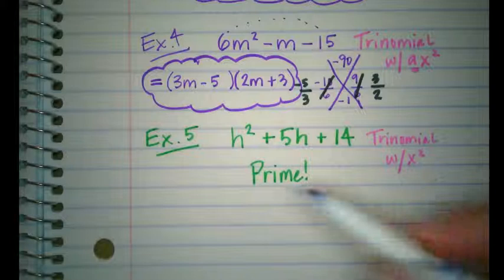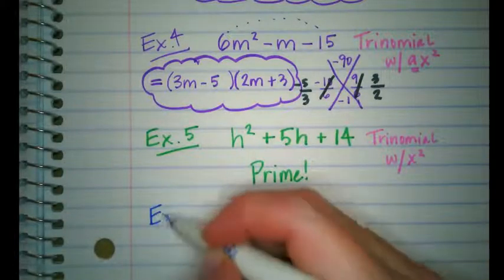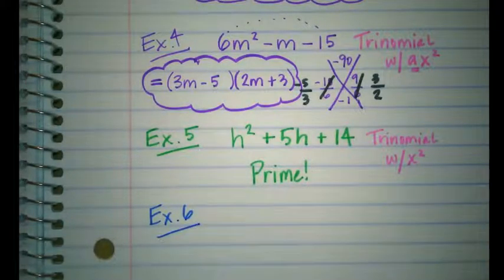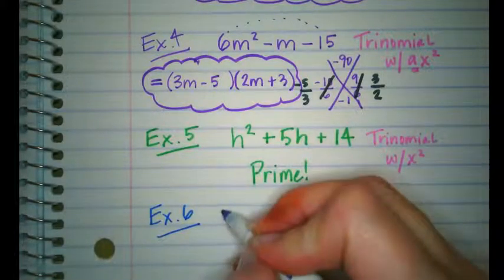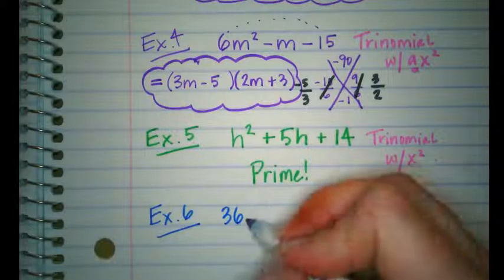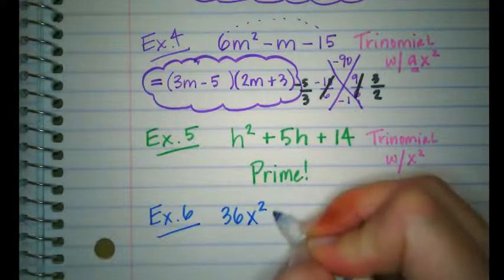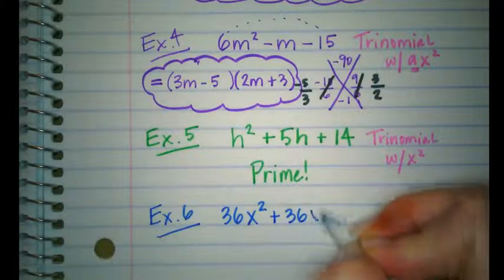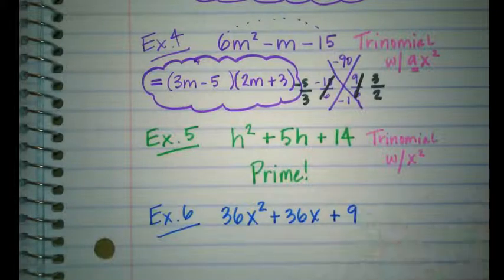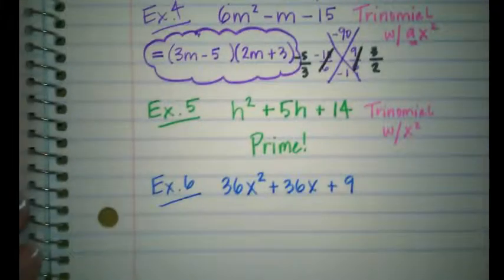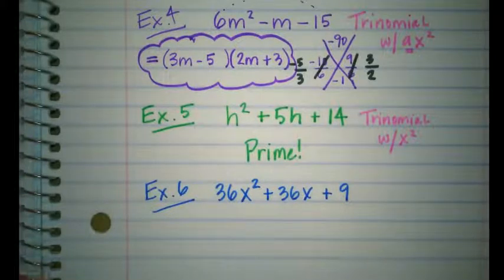All right, let's see. How about just a few more here. Let's do 36x squared plus 36x plus 9. So again, first thing we always do is check for GCF.